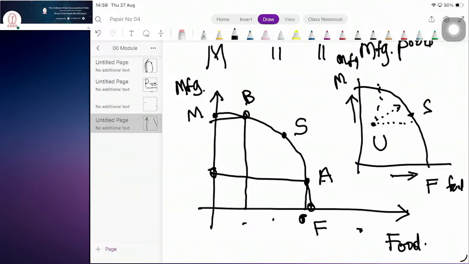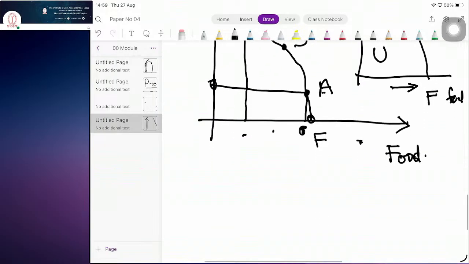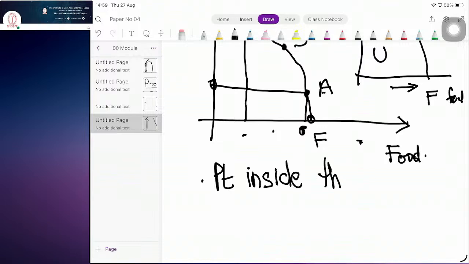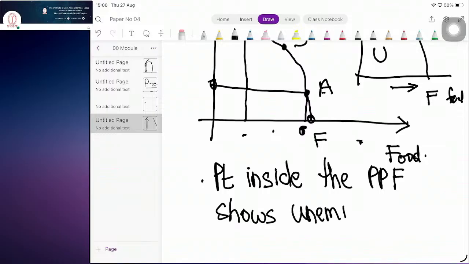So this is the idea. If any point is inside the PPF, it shows unemployed resources.